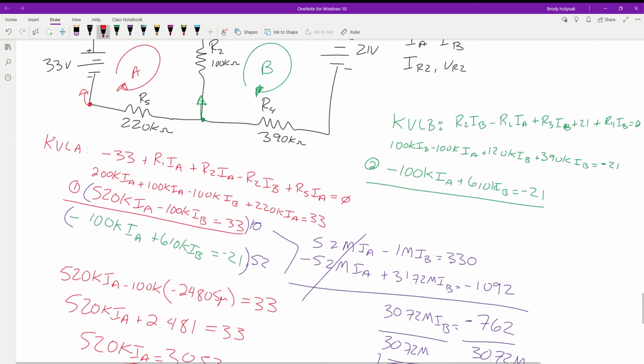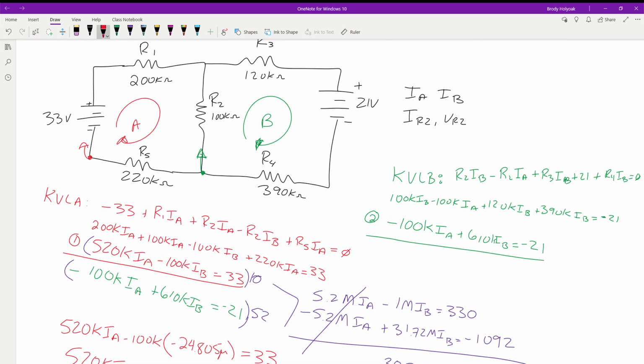So when we come back up, we know IB is going counterclockwise. So what current do we have going through R2? Both of them are added together. If it helps, draw the direction the currents are going in the individual resistors.